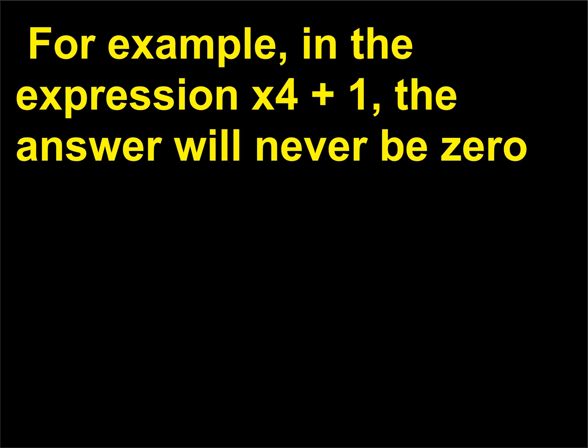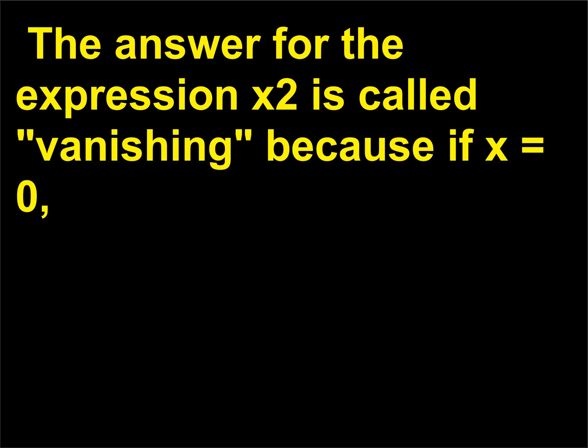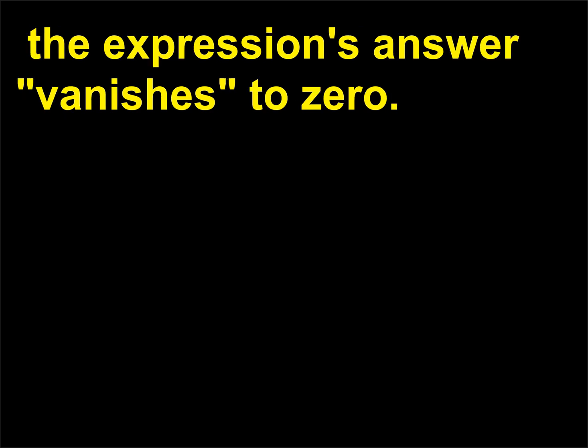For example, in the expression x^4 plus 1, the answer will never be 0, even when x is 0 or a negative number. The answer for the expression x^2 is called vanishing because if x equals 0, the expression's answer vanishes to 0.